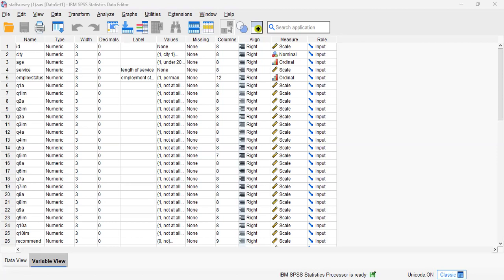So for the scatter plot, you can go to Graphs, Chart Builder. This is the feature that we've used many times before. From down here, you could go into a scatter plot, which is what I did. Then you choose the type of scatter plot you want and just drag it here.